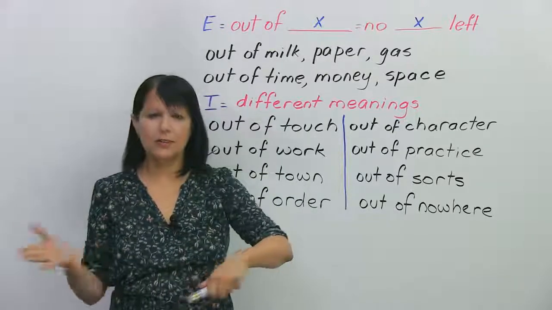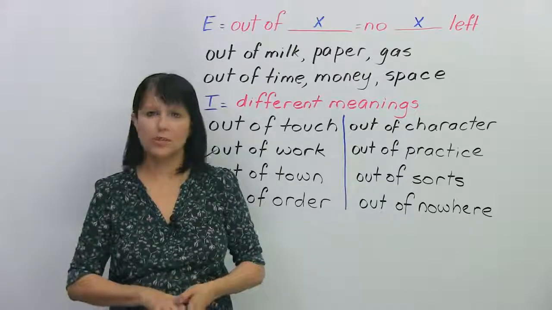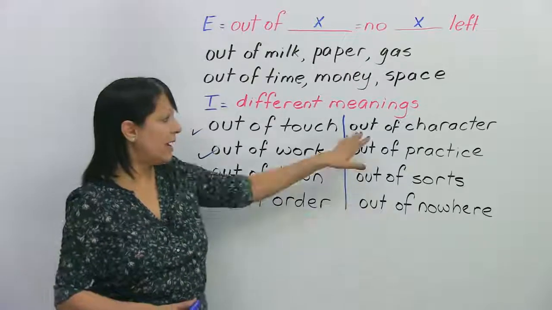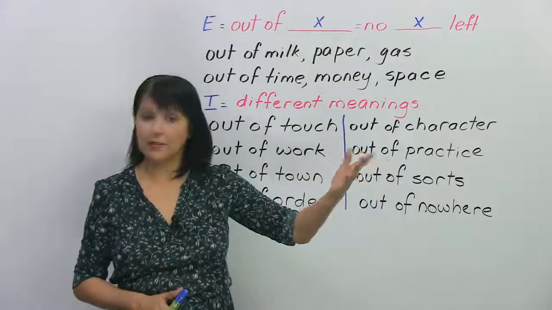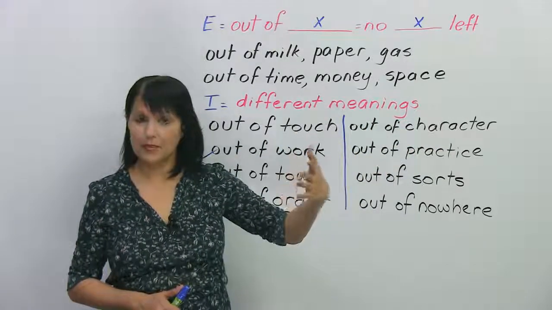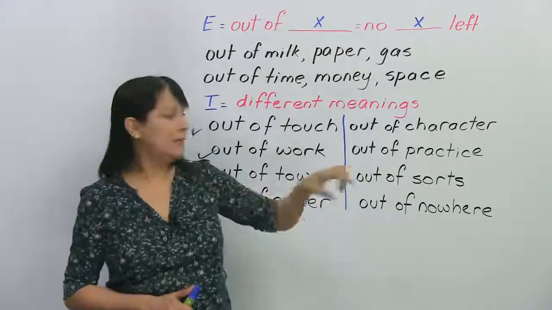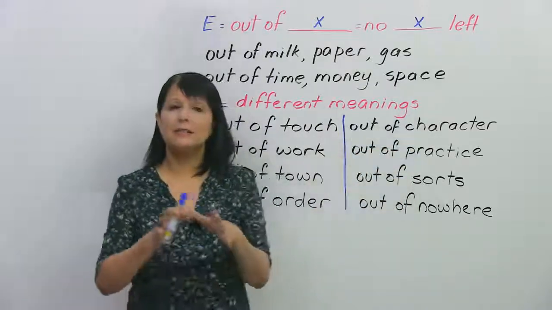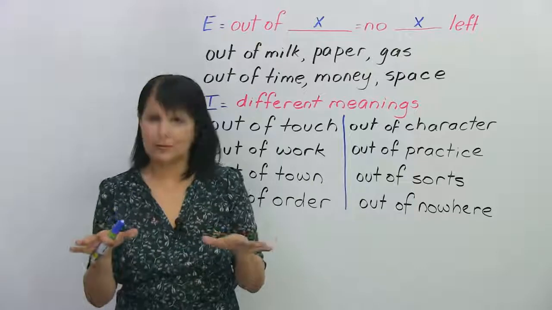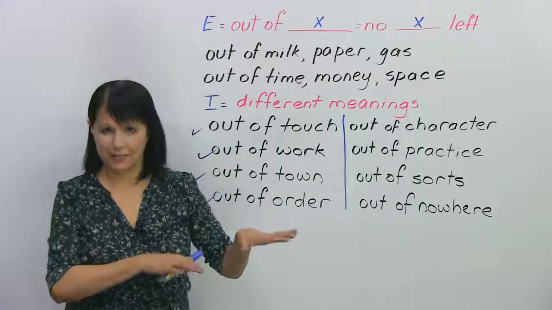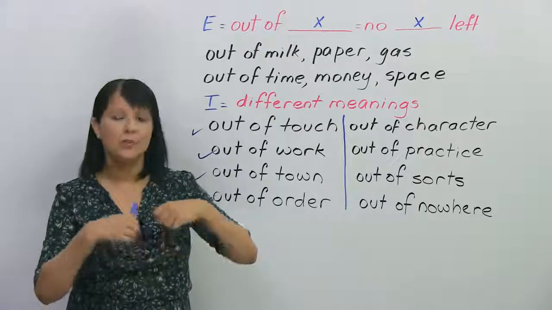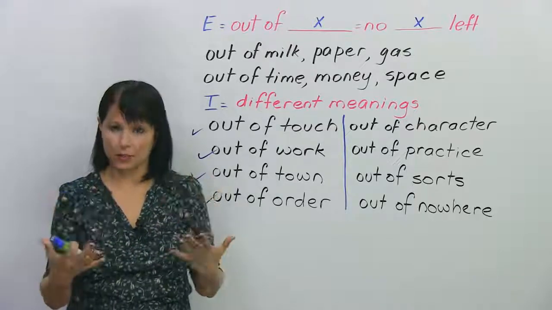It's 9:30 and she hasn't called, she hasn't come. It's very out of character for her. So you're getting a little bit worried because if she's ever late, she always tells you. So that would be out of character. Means it's something that's not typical, not normal for that person. It's out of character. Okay? Some kind of behavior which is different from what they normally do.